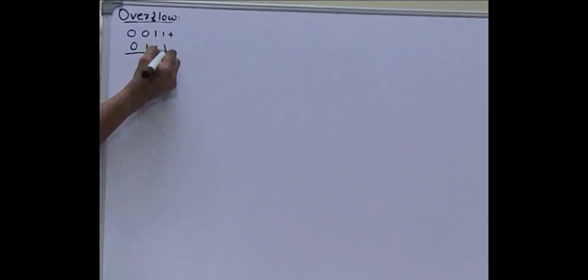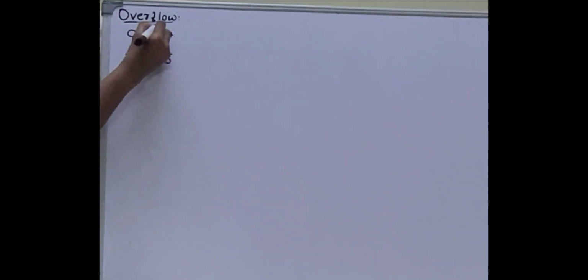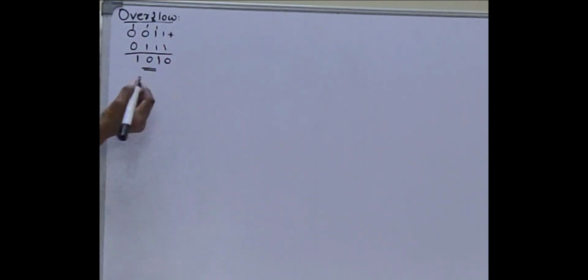If we are adding two positive numbers, that is 0011 plus 0111. When we add these two, we get 1 plus 1 is 0 with carry 1, 1 plus 1 is 0 with carry 1, 0 plus 1 is 1, 1 plus 1 is 0 with carry 1, 1 plus 0 is 1. So this is the case of overflow: when we add two positive numbers, we get what appears to be a negative number. So there is a conflict in the sign.